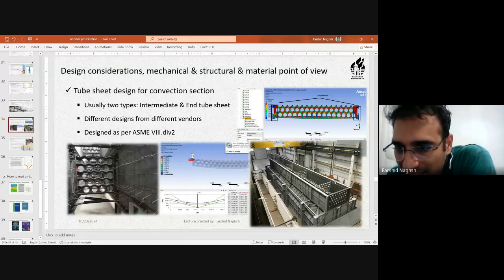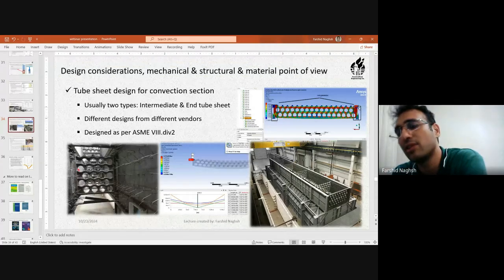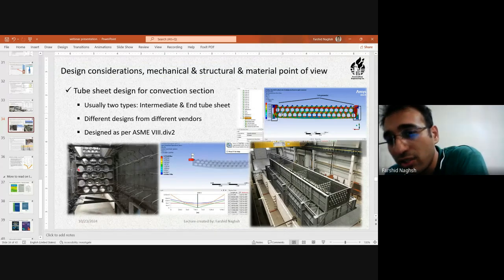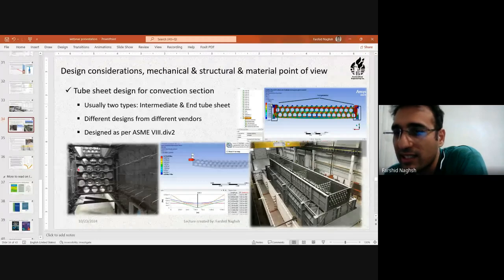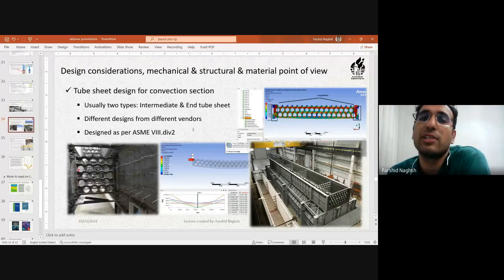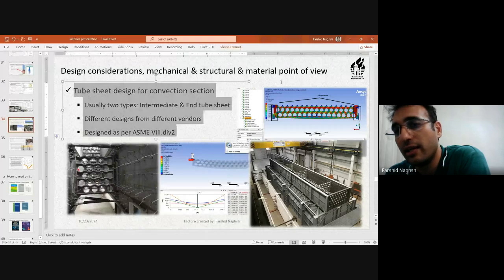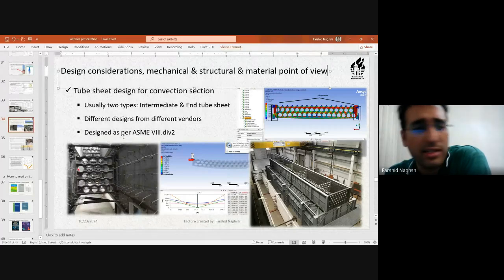Also, you see that they need to be somehow connected using brackets. They need to be connected to the casing of the convection section. The connections to the casing of the convection section are very, very important, and require very extensive knowledge of work in high temperatures, with either finite element methods or hand calculation methods.